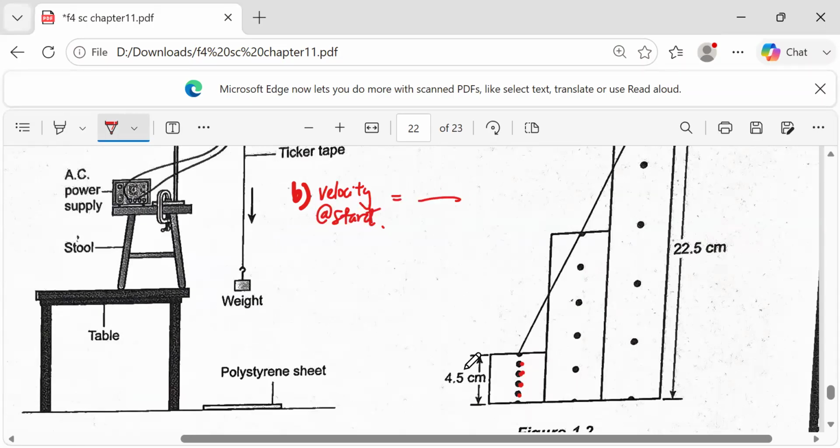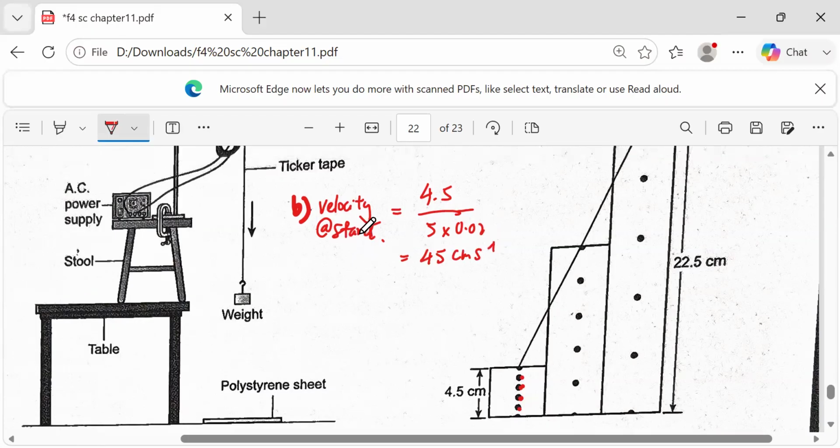Okay, so the distance is 4.5, then how many gaps? 1, 2, 3, 4, 5. Each tick is how many? 0.02 second, remember? Okay, so this gives you 45 centimeter per second. Okay, that's the velocity at start.